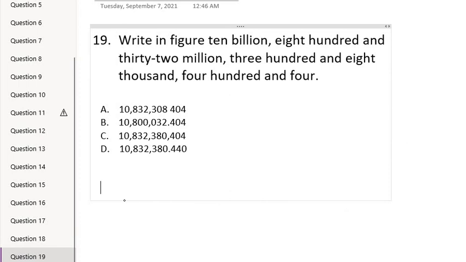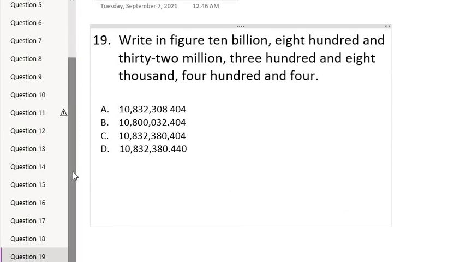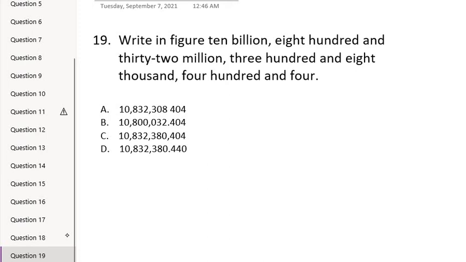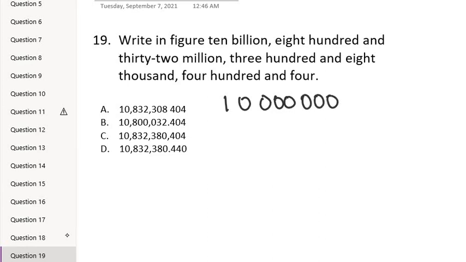Alright, so question 19, sorry. Okay, so write in figure 10 billion. This is how to write 10 billion, 10,000, 10 million, 10 billion.